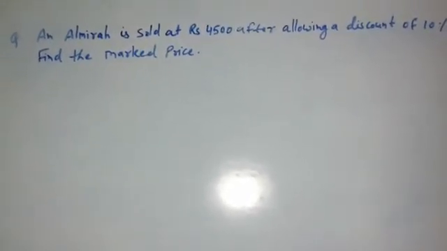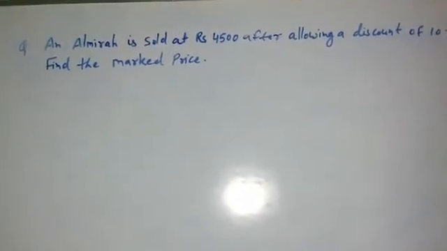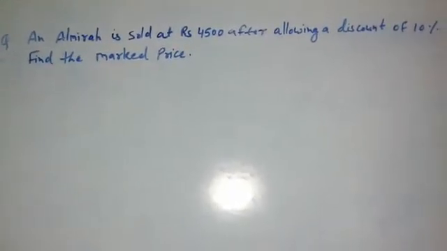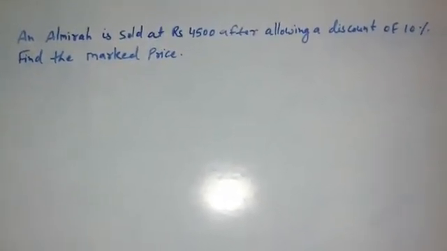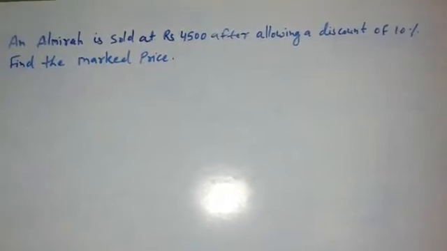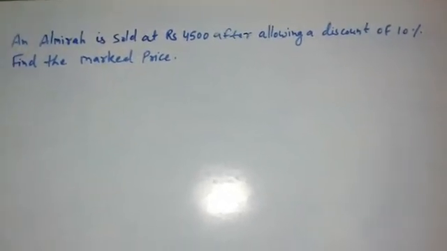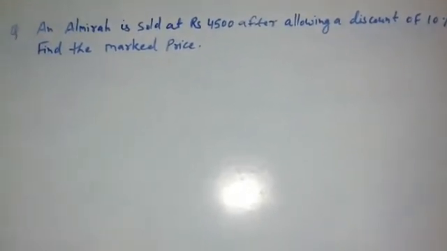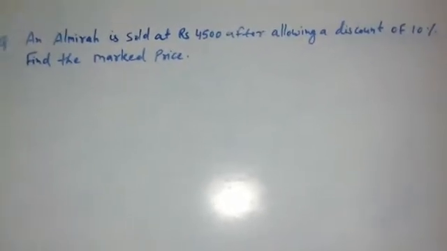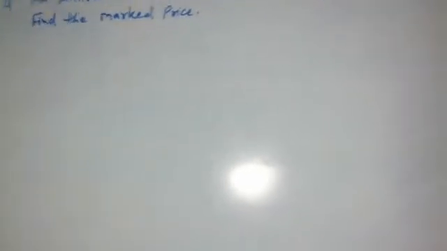Find the marked price. Here the SP of the almirah and the discount percentage are given, and we have to find the marked price. So how will we find it? Let's see.